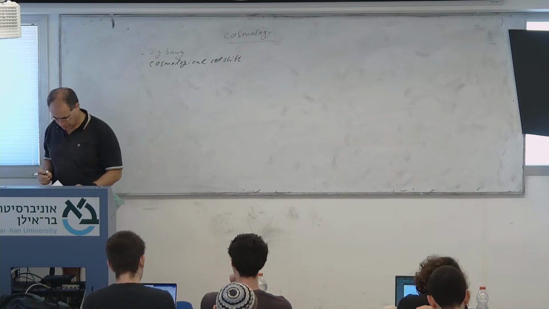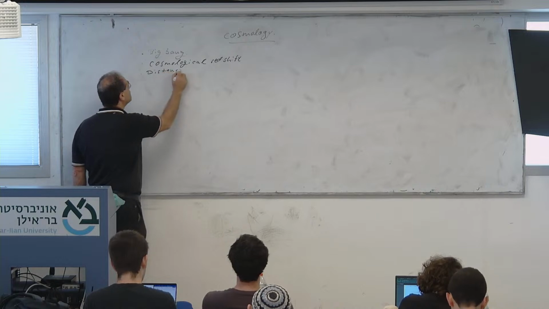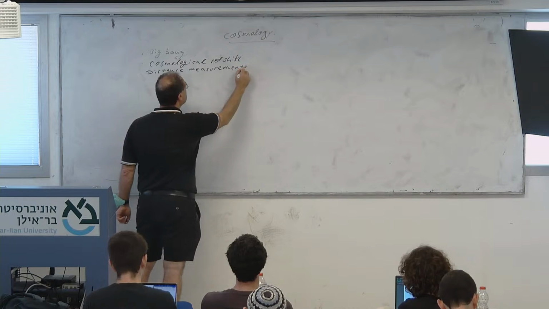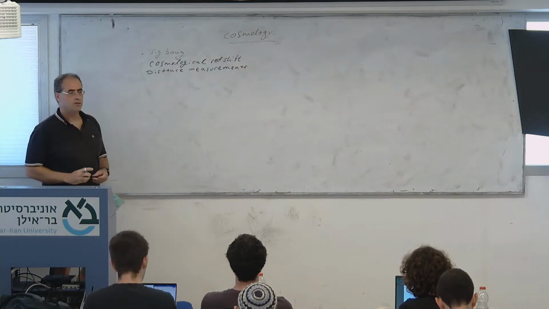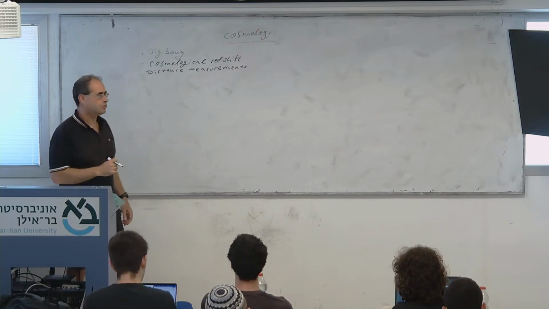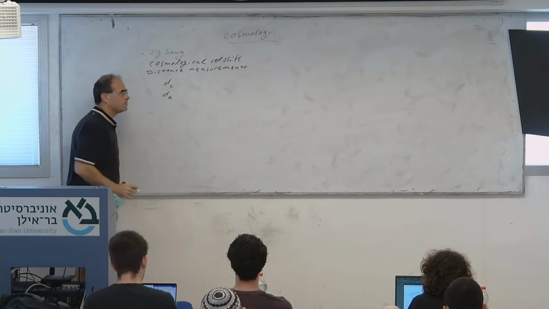Then we also spoke about distance measurements. We mentioned that there are two ways, actually more than two ways. I mentioned two here: the luminosity distance and the angular distance.